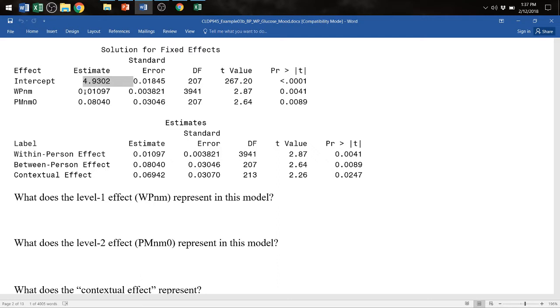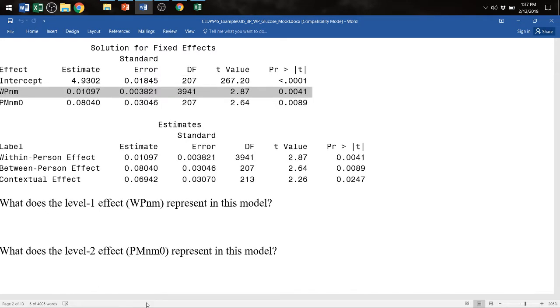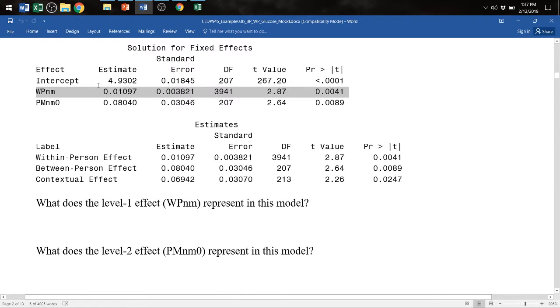Between and within, respectively. So here's my within effect, and these numbers are tiny because the scale of this is a log, but it is significant and it is positive. So all predictors, you can interpret their slope starting with a for every 1 unit language, right? The trick to this is remembering what the reference point is.